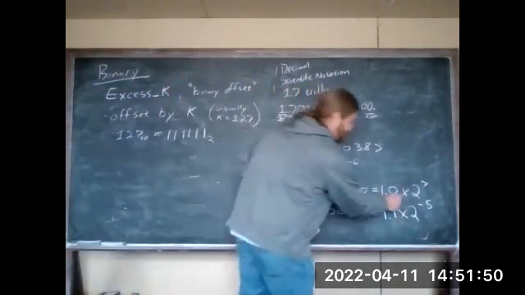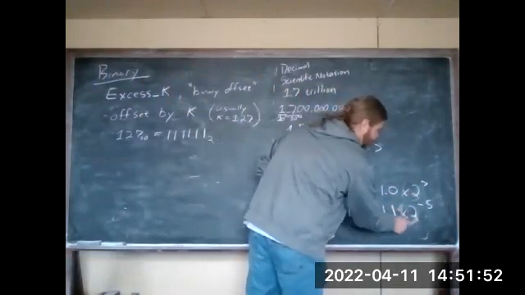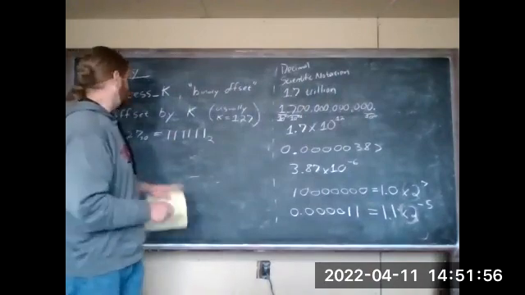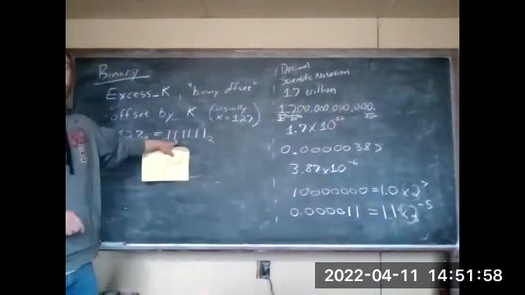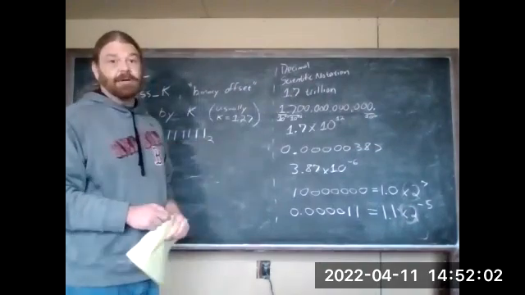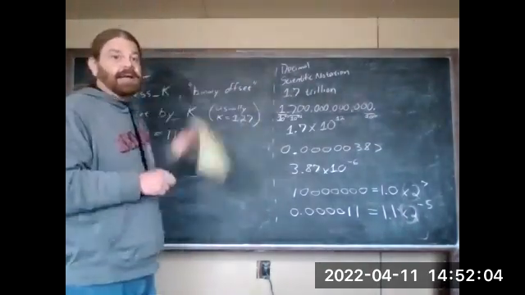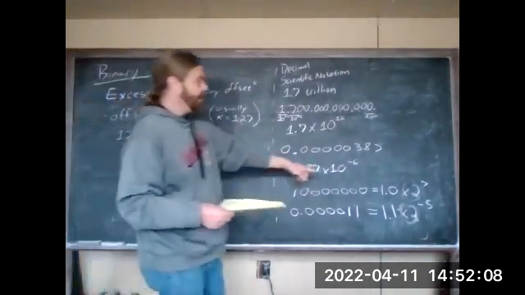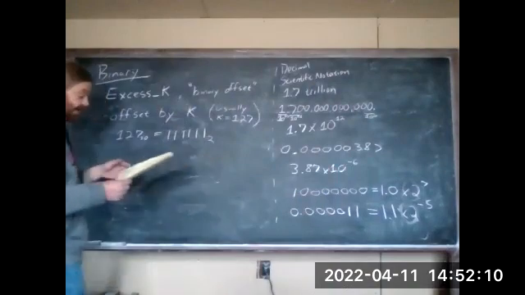You can think of the times 2 part as those other 2 bits, and then the exponents we offset by this much, so that this is actually 0. And if we get bigger than that, that means we have a positive exponent, and if we're smaller than that, it's a negative exponent.